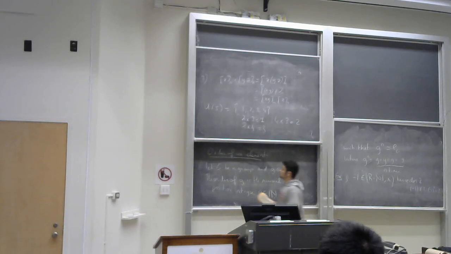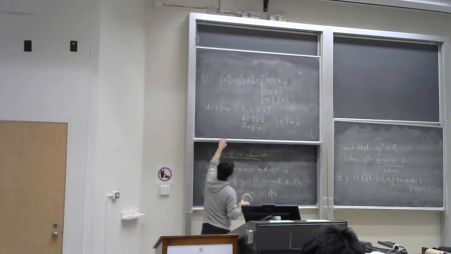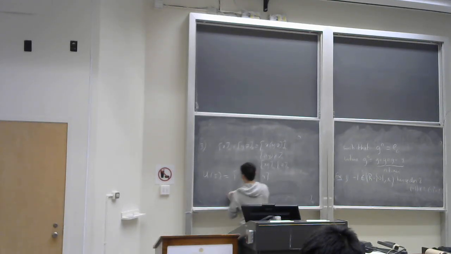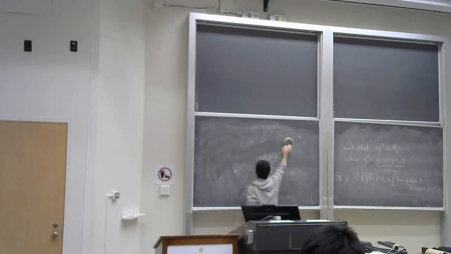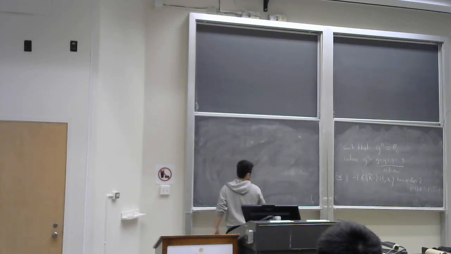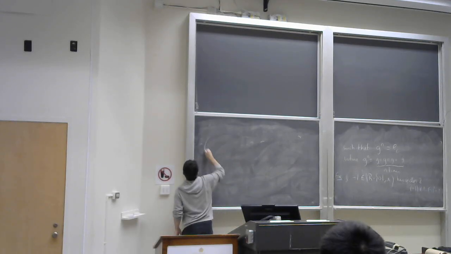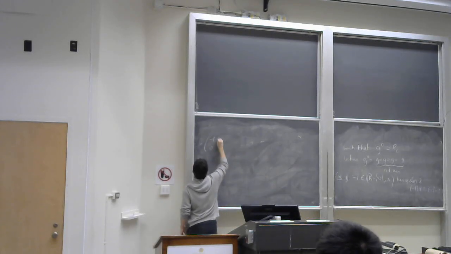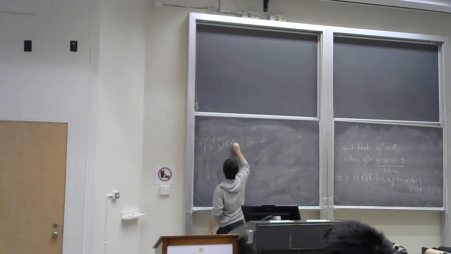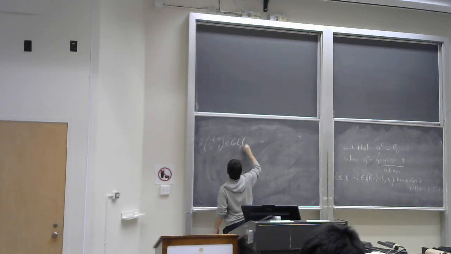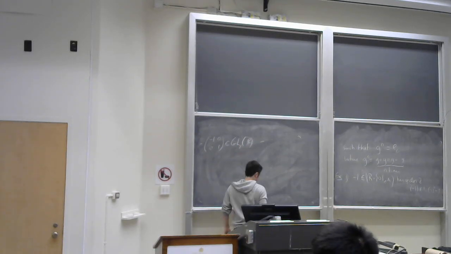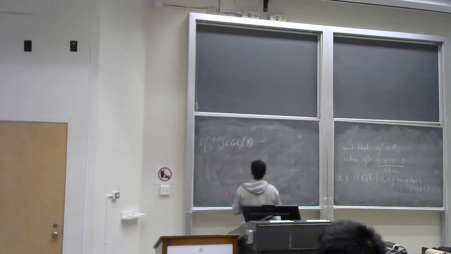Let's pick an element in GL2R, let's say the matrix -1, 1, 0. What is the identity element of GL2R?